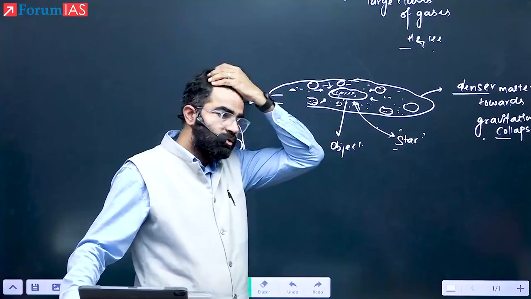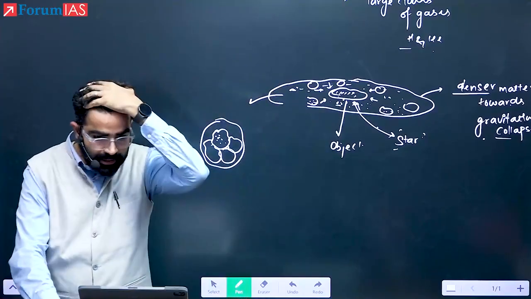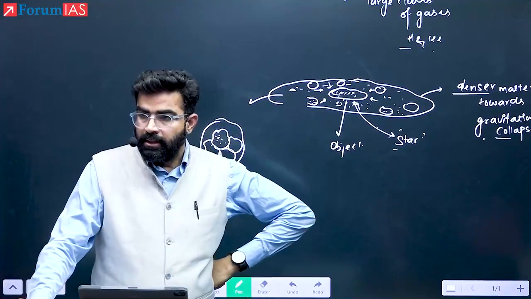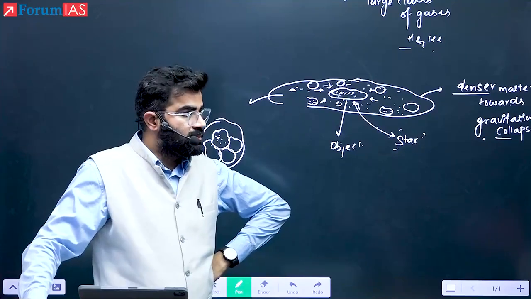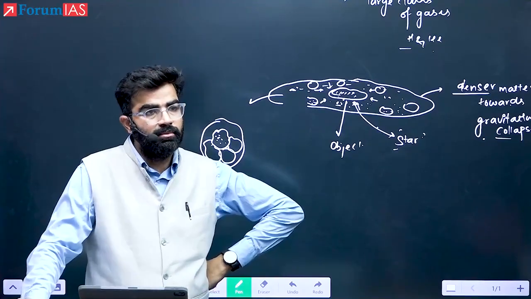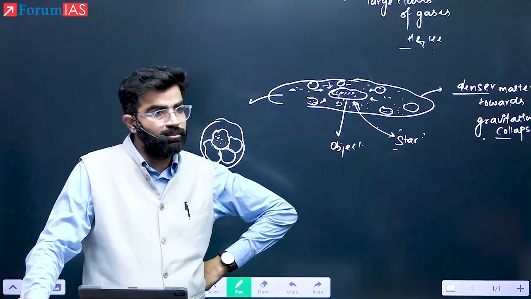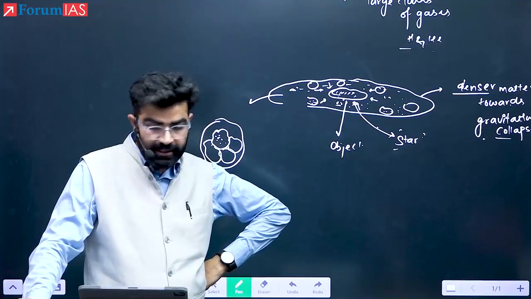Please write down one line about nebula. Nebula was the cloud made up of atmospheric gases, primarily hydrogen and helium.